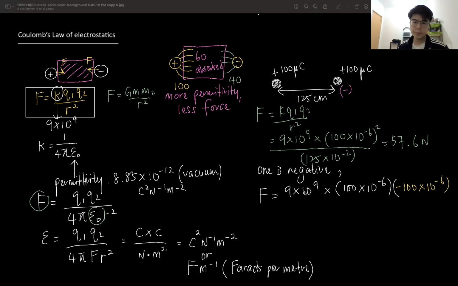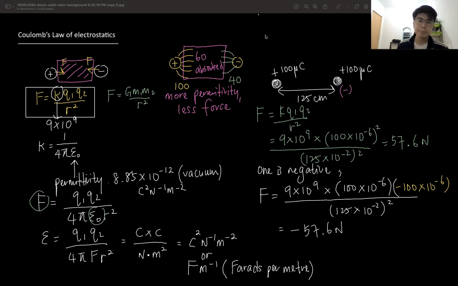This one is a square, I forgot here. Divided by 125 times 10 minus 2 squared. Now when you calculate this, you get minus 57.6 Newton. What does the minus indicate? The minus here indicates that it is an attractive force. The positive sign indicates that it is a force of repulsion.